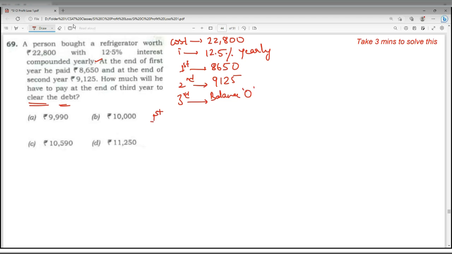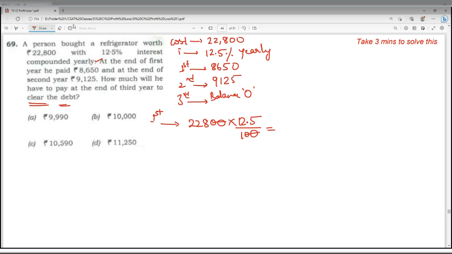After 1 year, the interest incurred on this 22,800 is 22,800 into 12.5%, divided by 100.